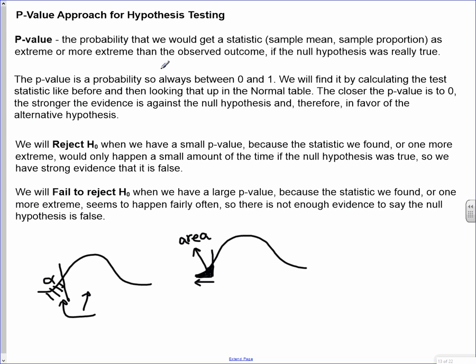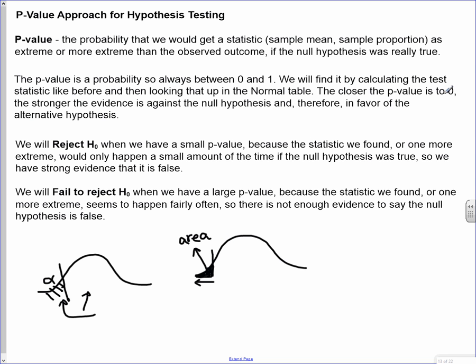Now, the p-value is always going to be between 0 and 1 because it is a probability, right? The total area under the curve is 1 or 100%, so it's always between 0 and 1, or 0 and 100%.